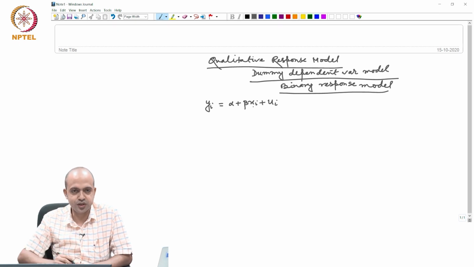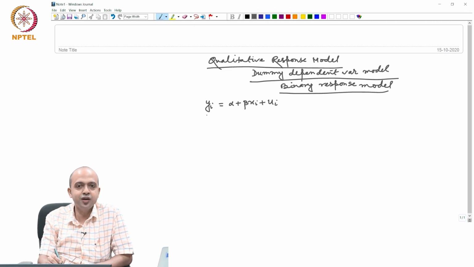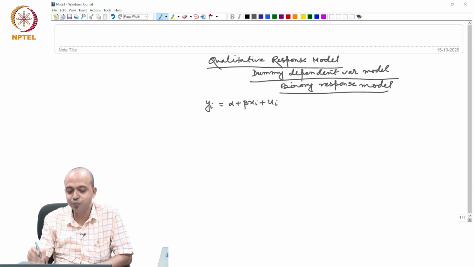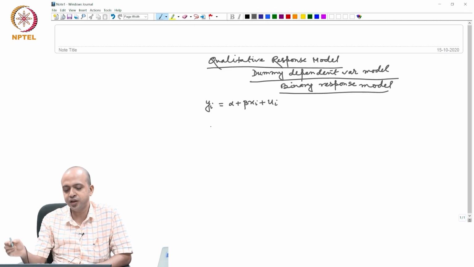When the independent variable is qualitative, we convert this qualitative information into a quantitative one using the dummy variable approach. The same approach we can apply when the dependent variable is qualitative in nature. That is why the names: dummy dependent variable model, qualitative response model, or binary response model.